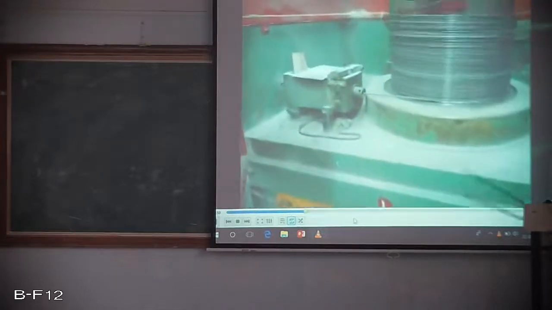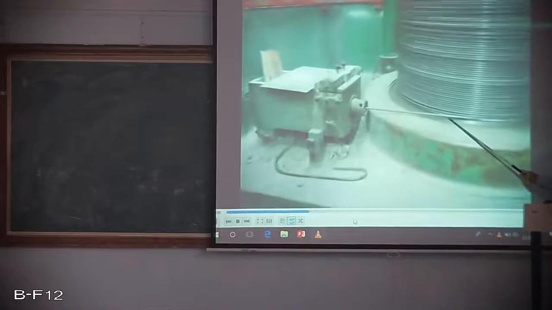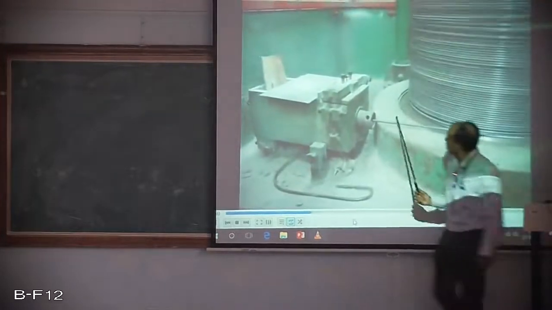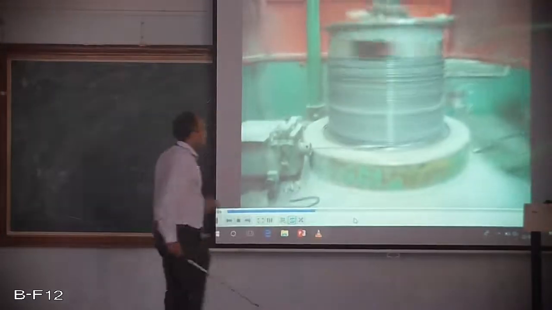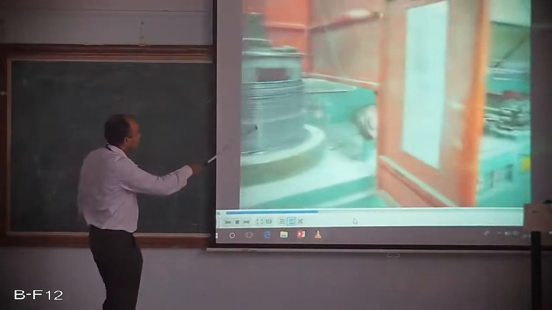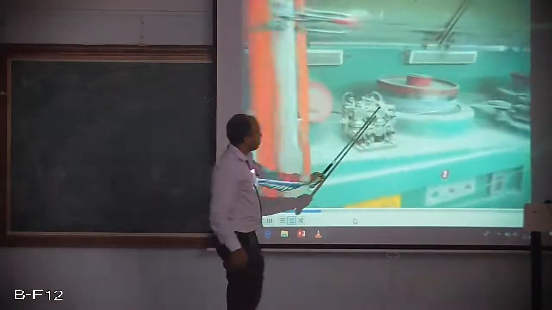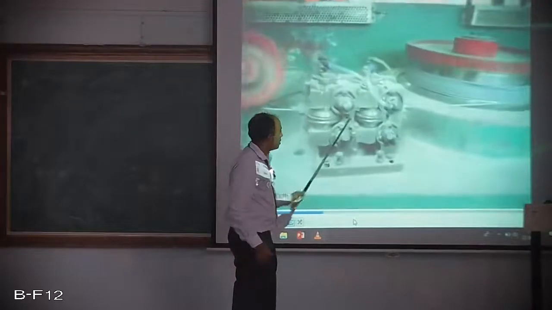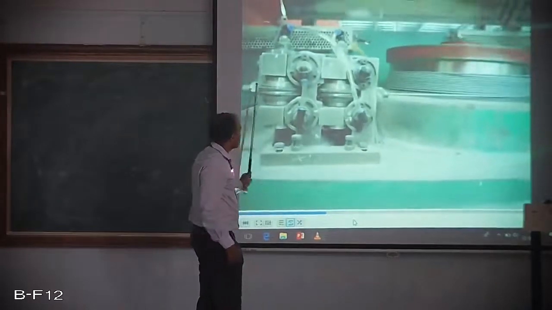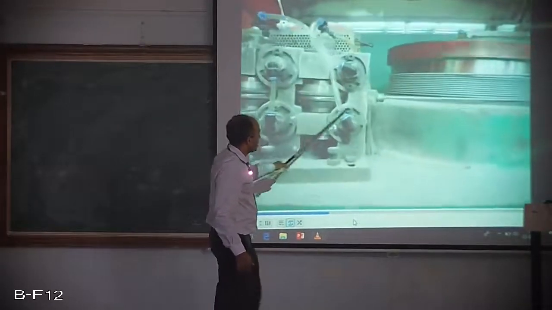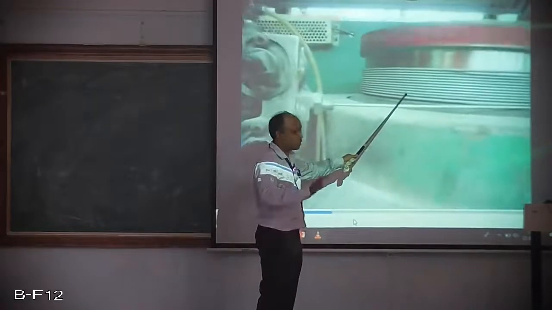This is the starting one, the largest diameter wire. This has to be reduced to a very small diameter wire. From here it is uncoiled and given to the first pair, that is a bull block and die. This is the first pair. It comes here, reduction takes place, and the finished product is getting wound, but it is not the final product.